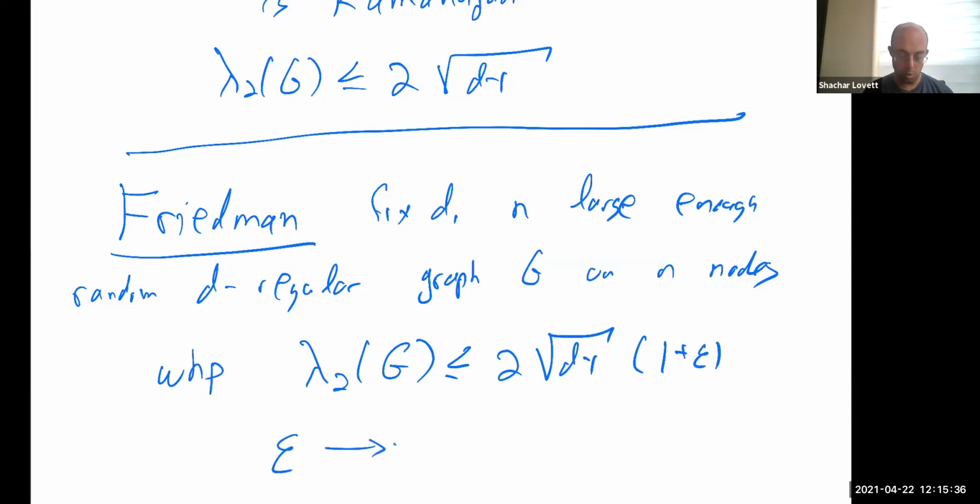Epsilon goes to 0 as n goes to infinity. So at least random sparse graphs are close to Ramanujan. They don't quite hit this number, but they get closer and closer.